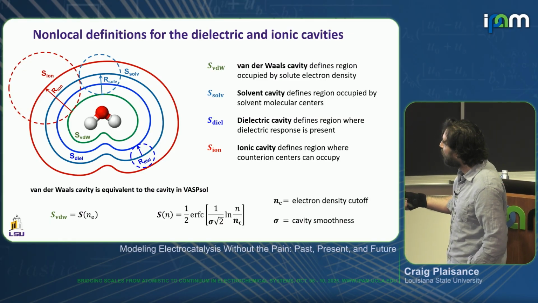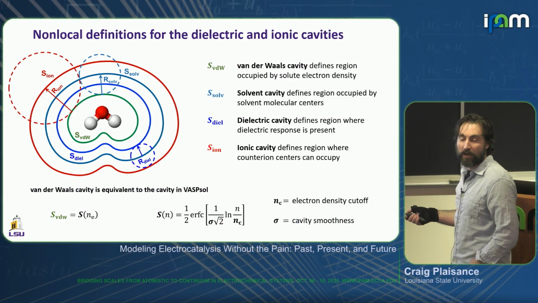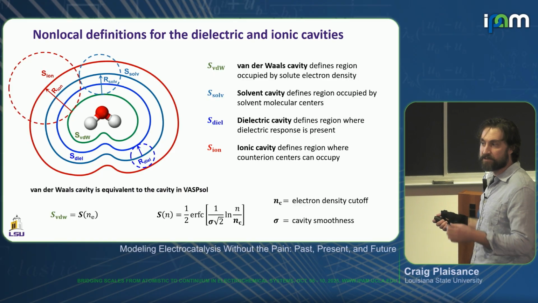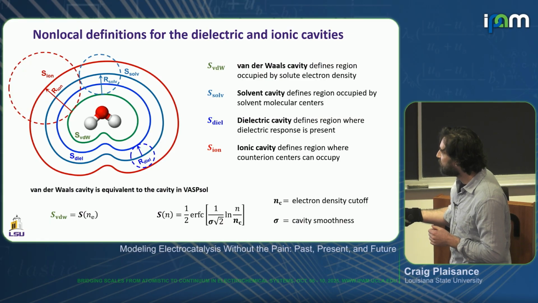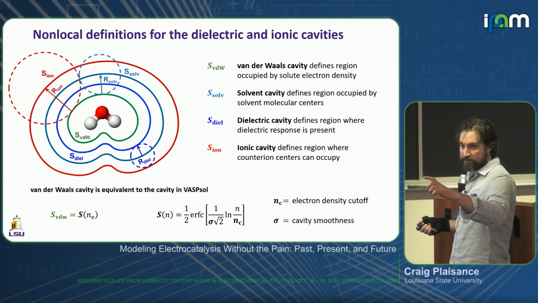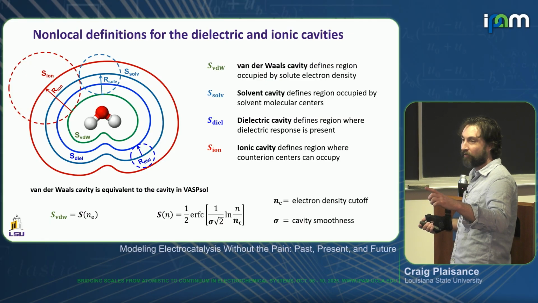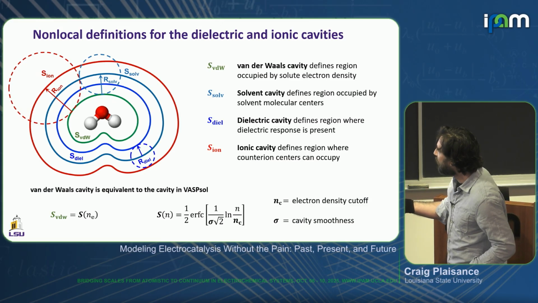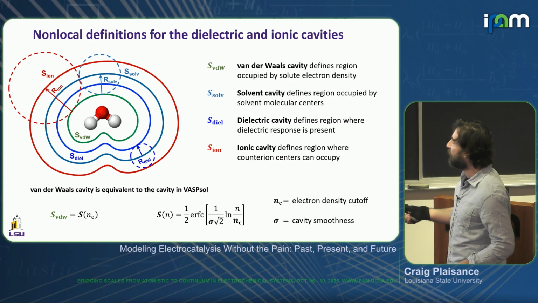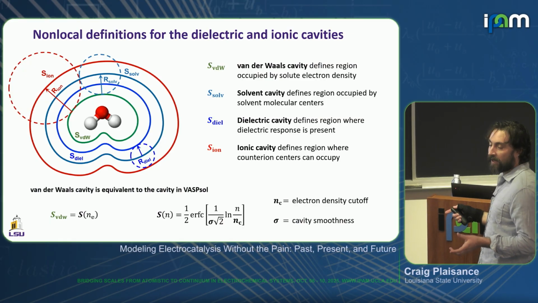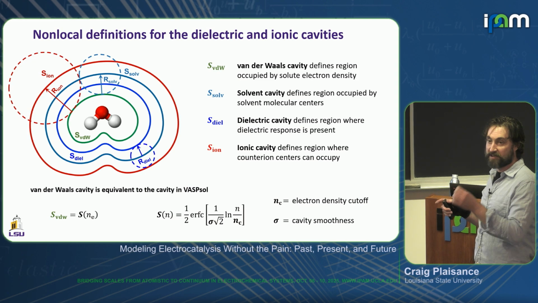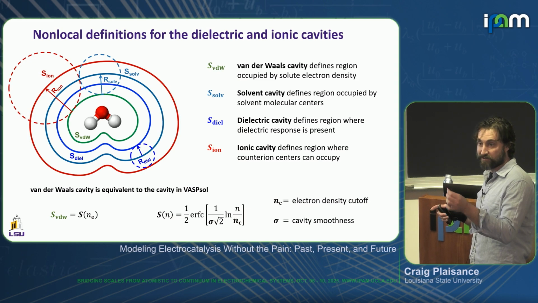We push it out by a distance called the solvent radius. It's basically the radius of a hard sphere water molecule. We do the same thing with the ionic radius. We push it out a distance equal to the ionic radius, and we get these two new cavities, the solvent cavity and the ionic cavity. And the solvent cavity and ionic cavity basically describe where the centers of the solvent molecules and ions are allowed to go.